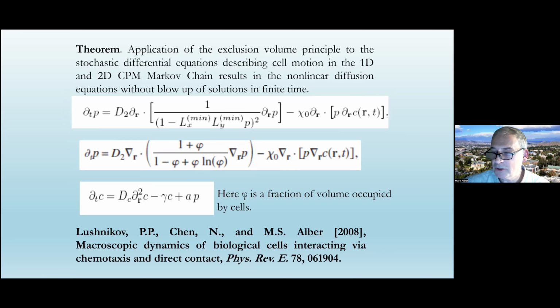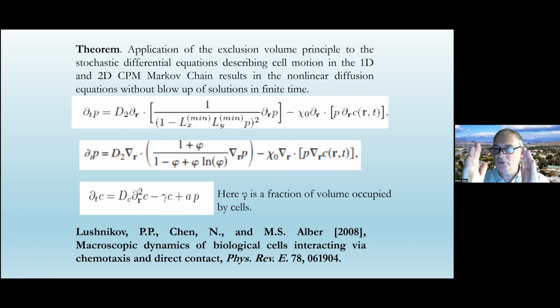Why? Because we shouldn't be modeling cells as particles. They have volume. So we implemented the so-called exclusion volume principle in the derivation of the equations, and we obtained so-called nonlinear diffusion equations, which are parameterized by the characteristic sizes of cells. So basically, you get a nonlinear diffusion coefficient.